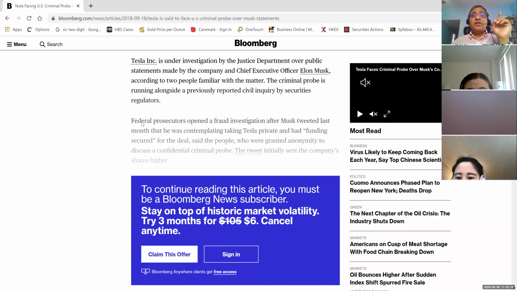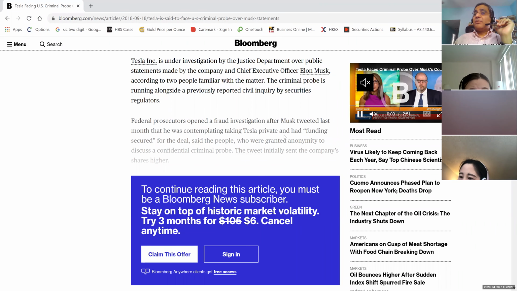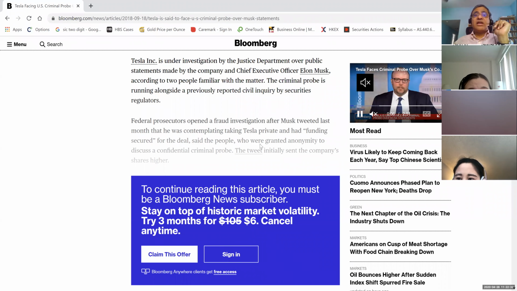If you read the first paragraph, Tesla Inc. is under investigation by the Justice Department over public statements. Federal prosecutors have opened a fraud investigation after Elon Musk tweeted that he had funding secured. So this was a major event.